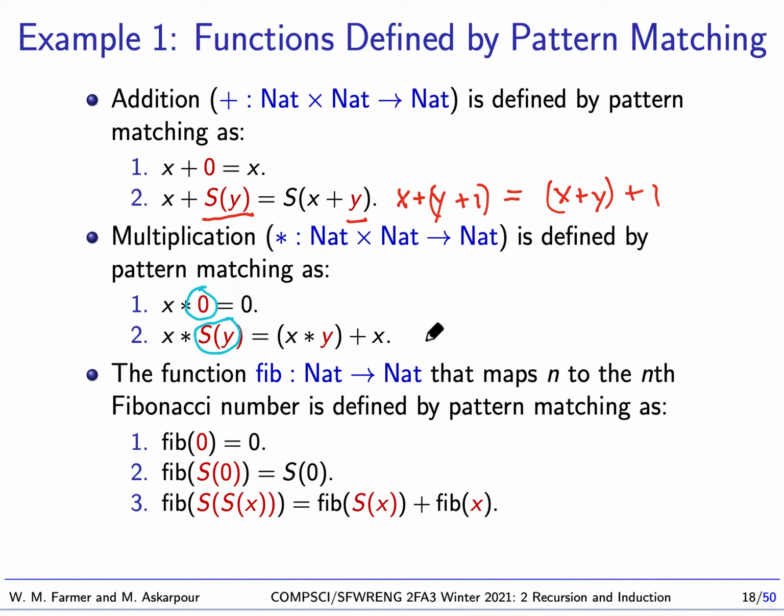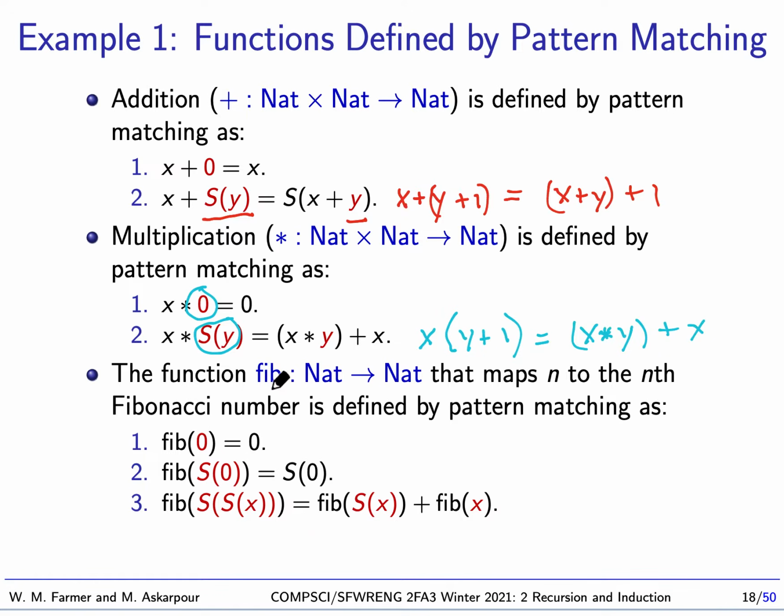What we have here is x times (y plus 1) equals (x times y) plus x. And you can see that we can get from here to here by multiplying x times y. Okay, so this makes sense.